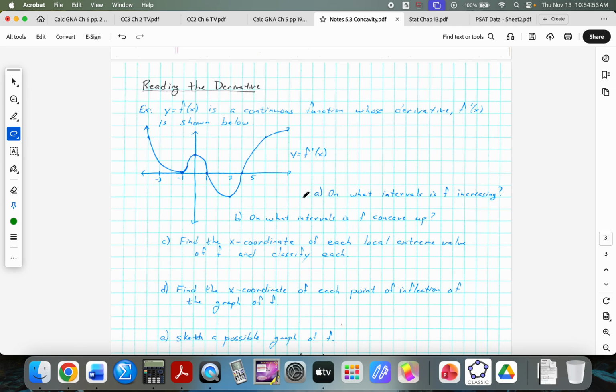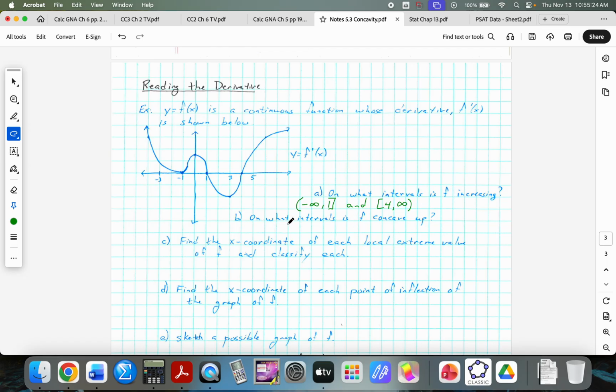So that's going to be on the open at -infinity, because we never reach -infinity, closed at 1. And on the closed at 4, but open at infinity.